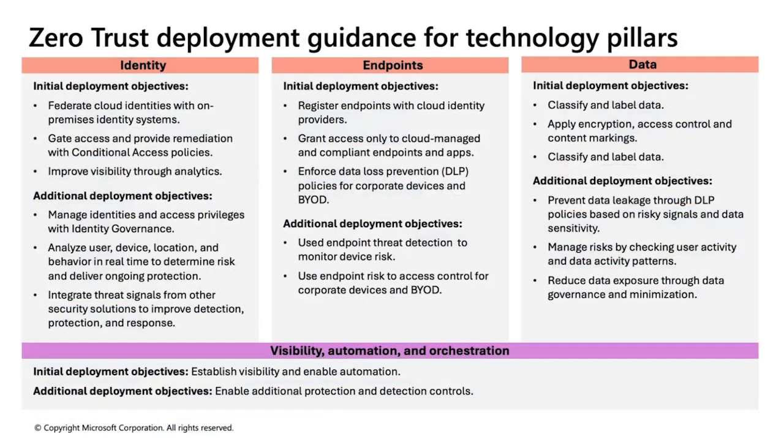Once we have classification, we can plan for encryption, access control, and maybe content marking as well. For example, there may be a need that all secret documents should have a watermark like "secret", so any user will get this information very easily: this is a secret document. We should be very careful while using or handling it.